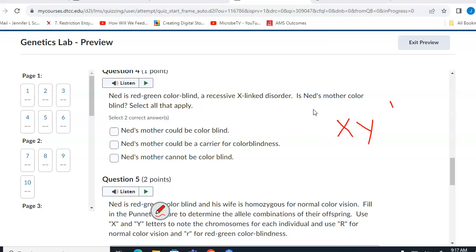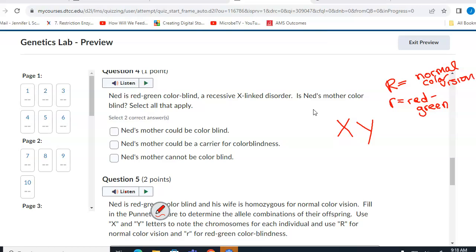So I'm going to use little r to represent red-green colorblindness, and big R to represent normal color vision.